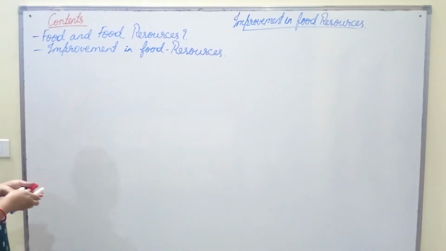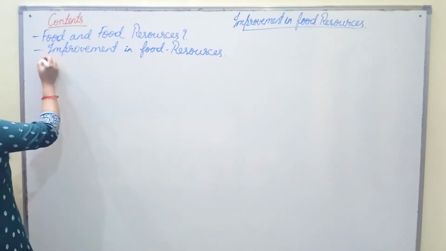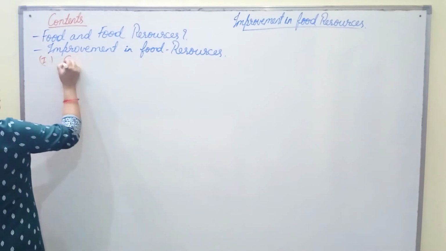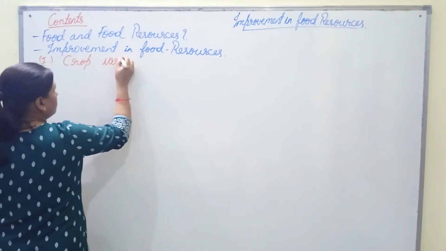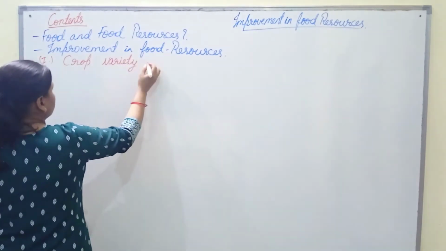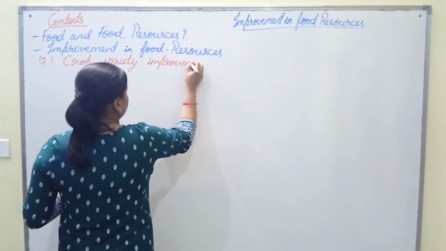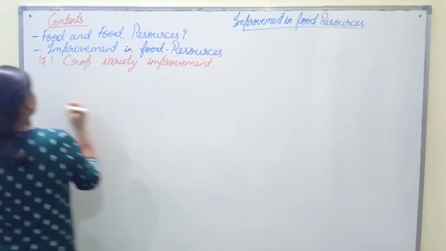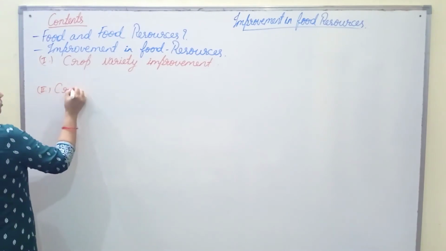This topic comprises 3 steps. The first one is crop variety improvement. The second one is crop production improvement.